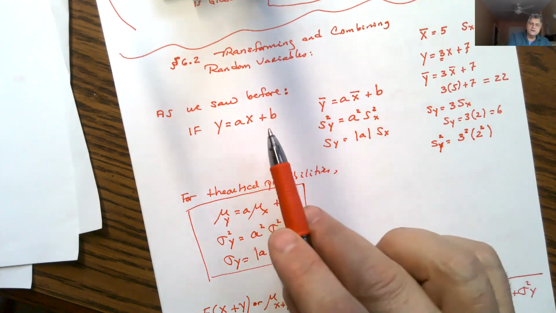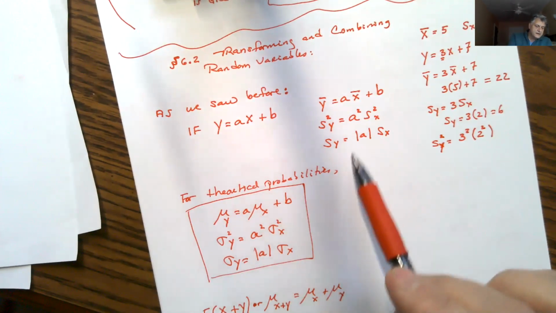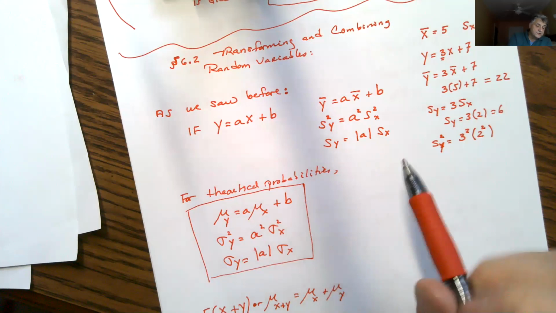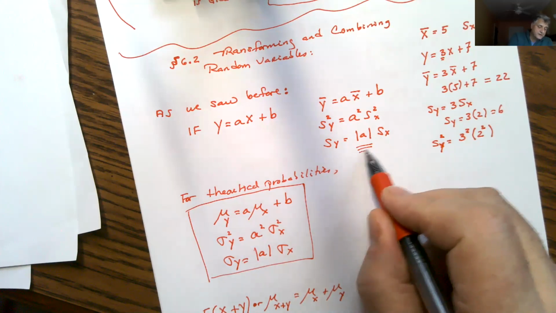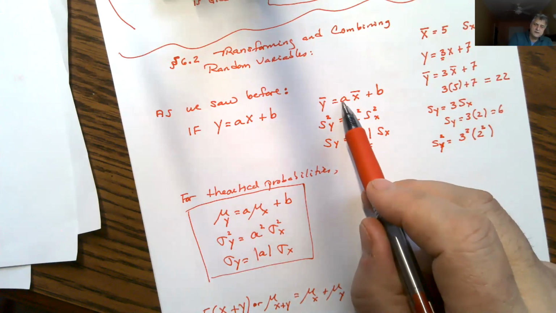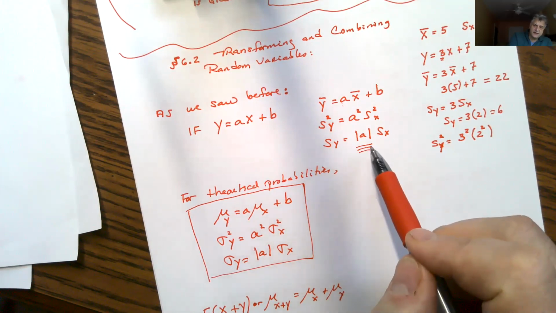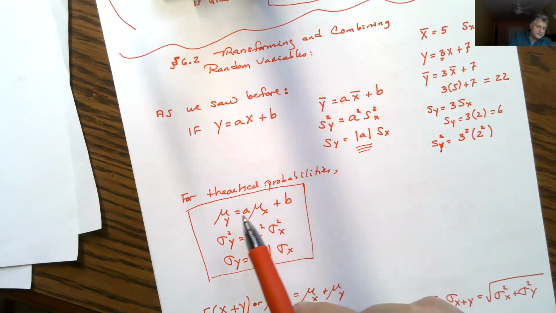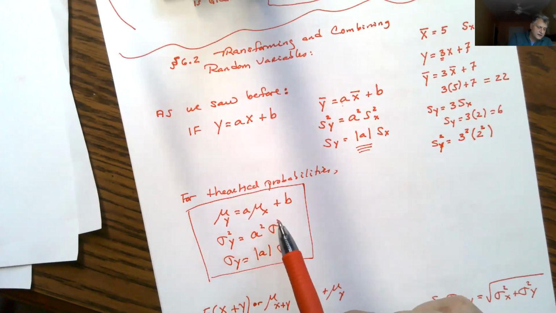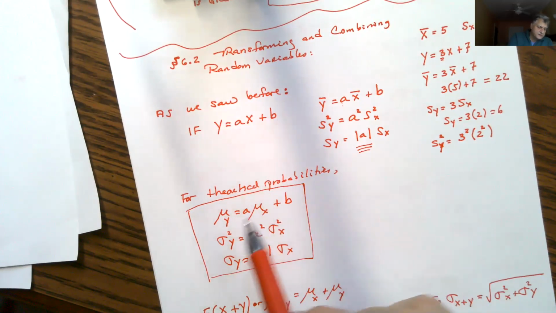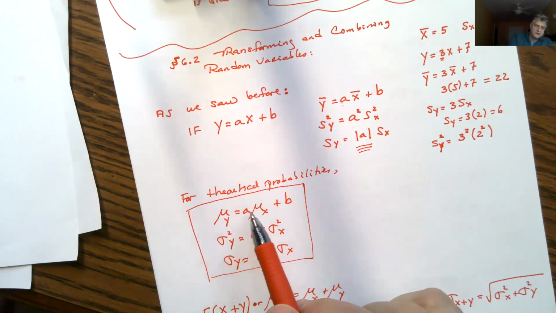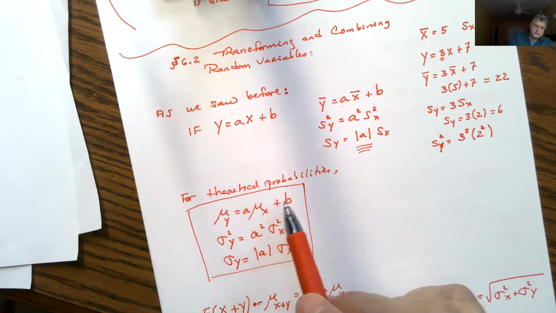Again, if we're doing it more theoretically, the notes here were important. A could be a negative number, but since standard deviation is always positive, we have the absolute value of a in there. So theoretically, if y equals ax plus b, mu sub y equals a times mu sub x plus b.